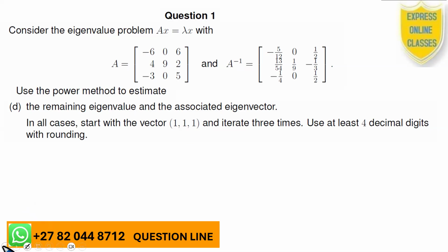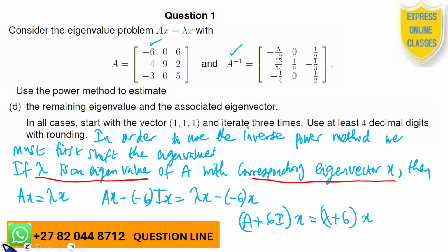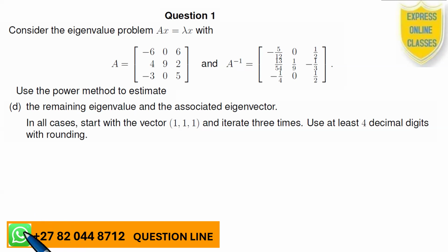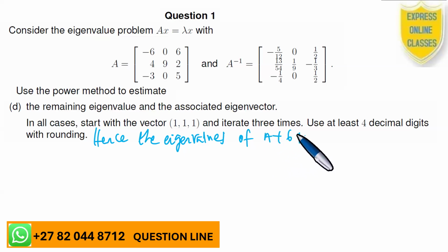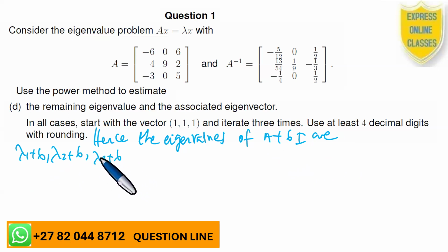They are precisely the following. And I was effectively saying here, as said already, hence the eigenvalues of A plus 6I are lambda 1 plus 6, lambda 2 plus 6, lambda 3 plus 6.